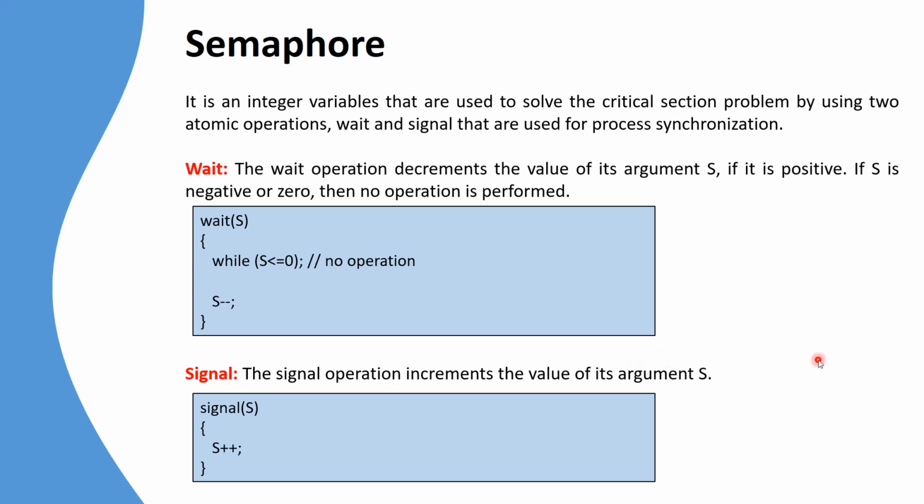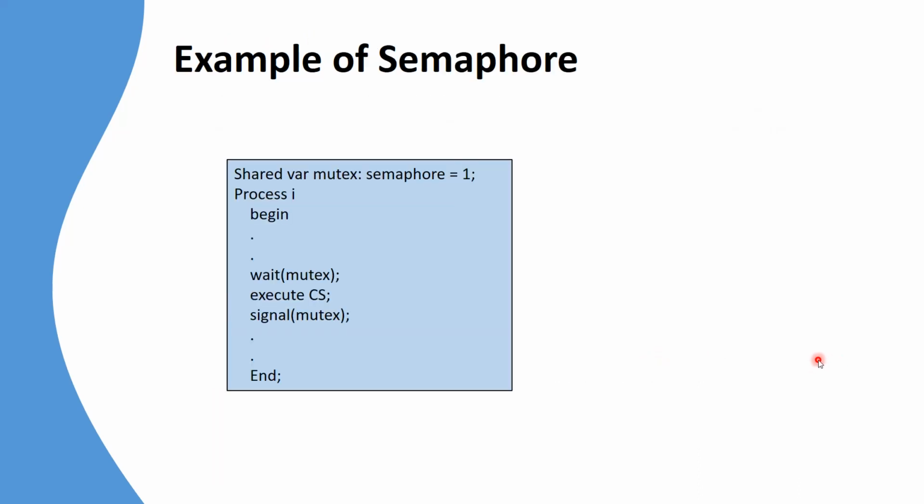To understand this, let us consider this particular example. In this example, there is a process i that wants to enter the critical section. So it will execute wait and it will execute signal. One more name for semaphore or binary semaphore is mutex. So it can be represented by using this particular term mutex also.